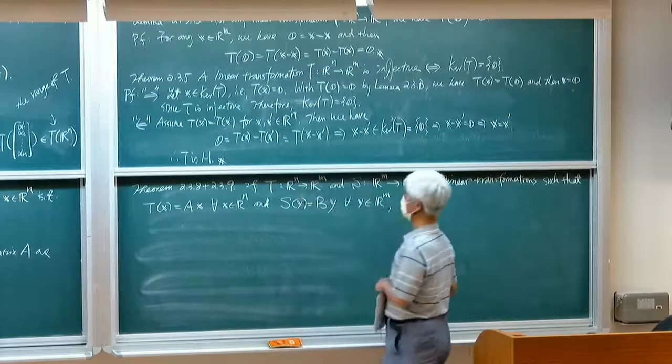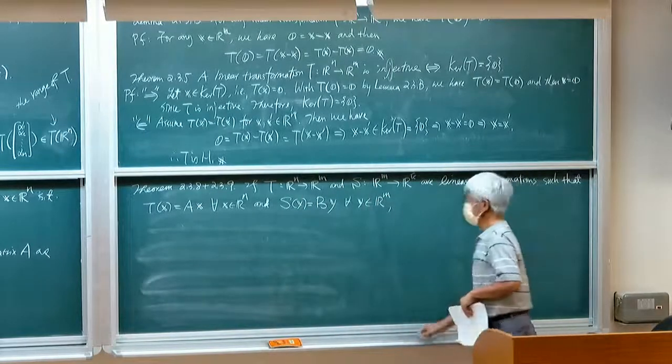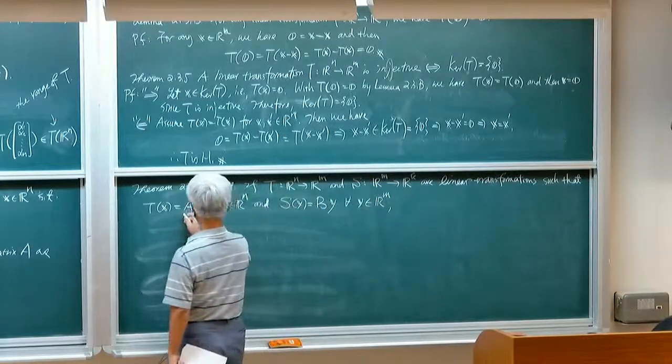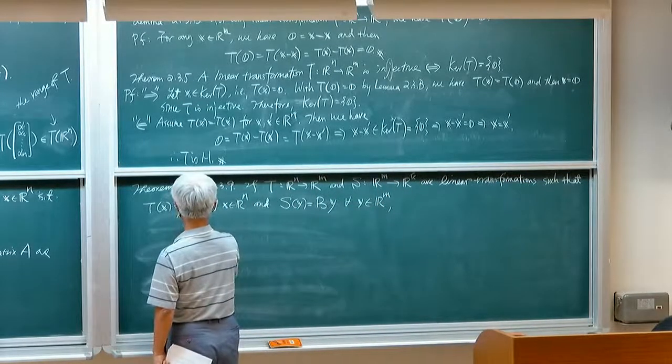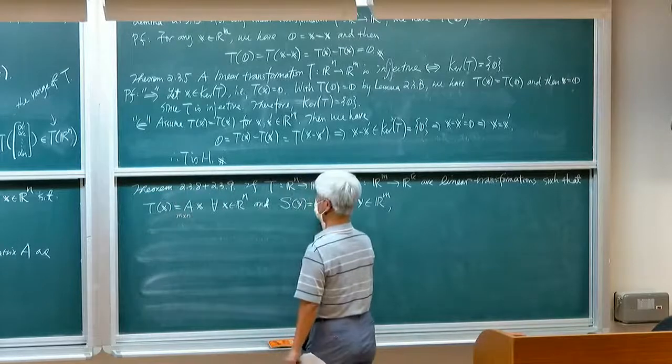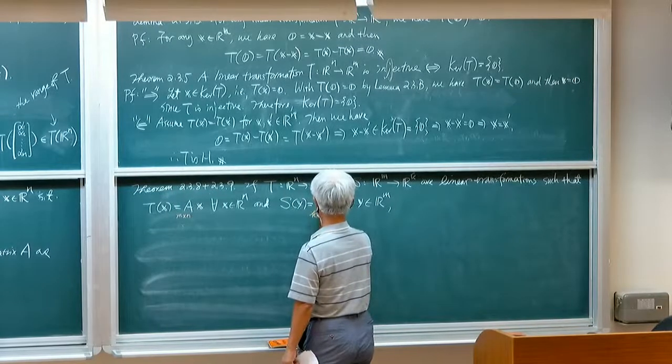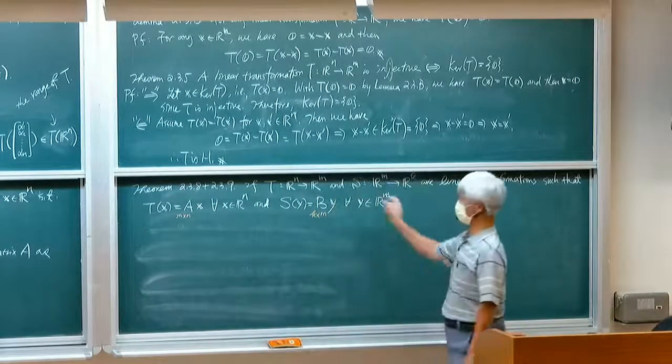Of course, the A matrix is an m times n matrix, and the B matrix is a k times m matrix.